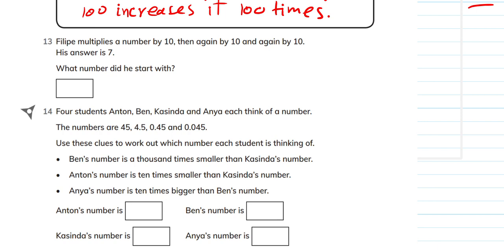Now question 13. Question 13: Flip multiplies a number by 10, then again by 10, then again by 10, meaning 3 times by 10. The answer he gets is multiplied by 10 each time. His final answer is 7.